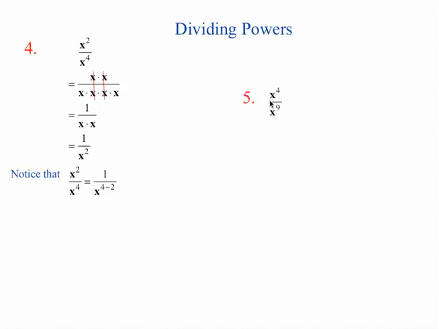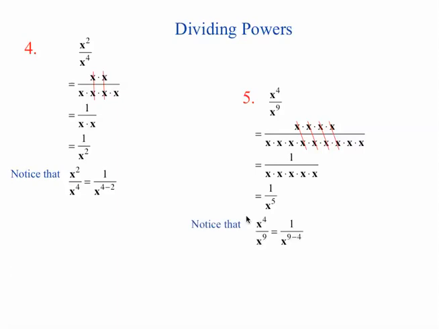Here's another example. x to the 4 divided by x to the 9. Once again, that's 4 x's on the top, multiplying each other, divided by 9 x's on the bottom, multiplying each other, and then I'm going to just cancel like this. So x divided by x is 1, so I'm going to end up with 4 1s multiplying each other, which is going to leave us with a 1 on the top, and we end up with 5 x's on the bottom. So we end up with 1 over x to the power of 5.